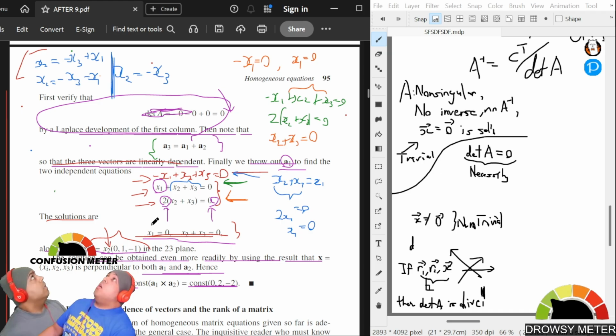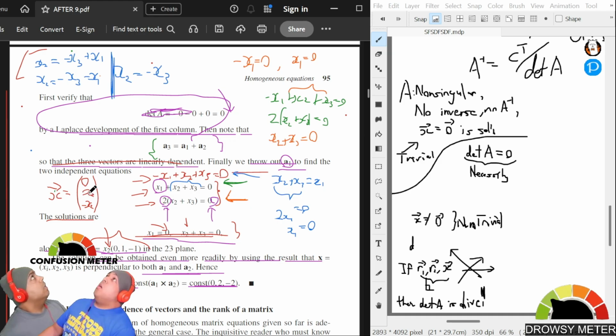Okay, so we confirm that x1 is equal to 0, right? So in our x row vector, x1 is 0. We saw x2 equals negative x3. So if this is x2, then this could be negative x2. You factor out x2 because it should be a scalar, right?